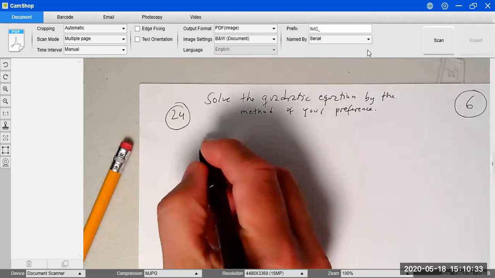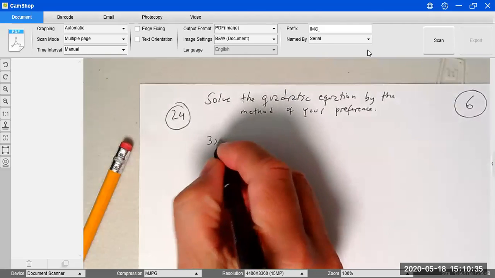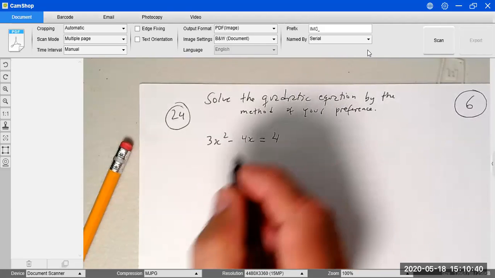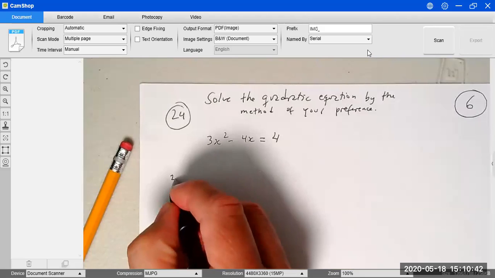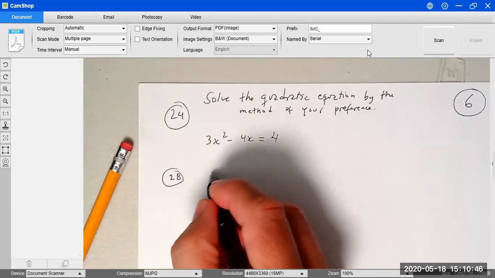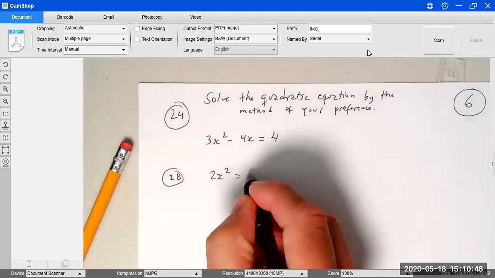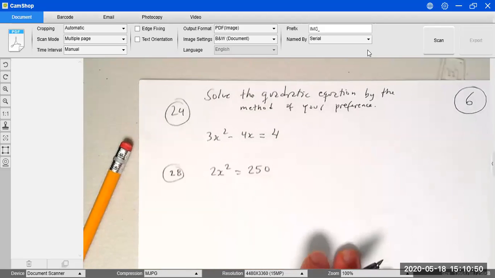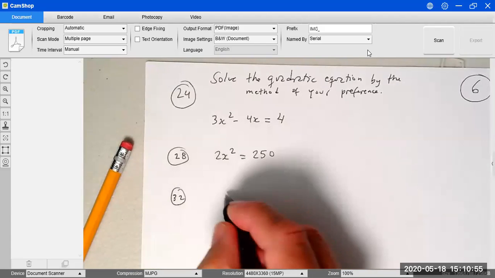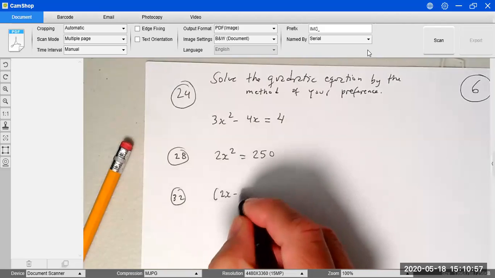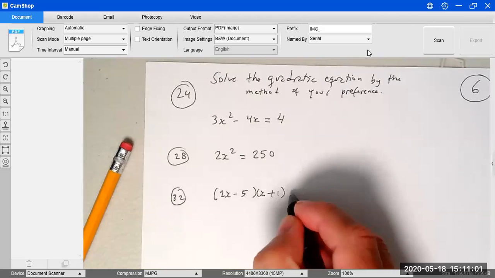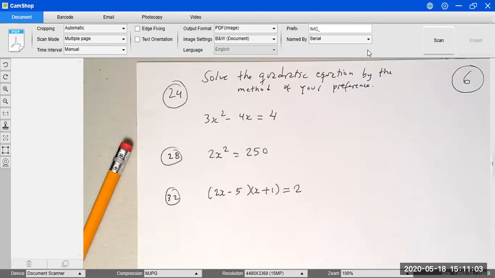So 24 is 3x squared minus 4x equals 4. Then we have 28, which is 2x squared equals 250. Then problem 32 is (2x minus 5) times (x plus 1) equals 2.